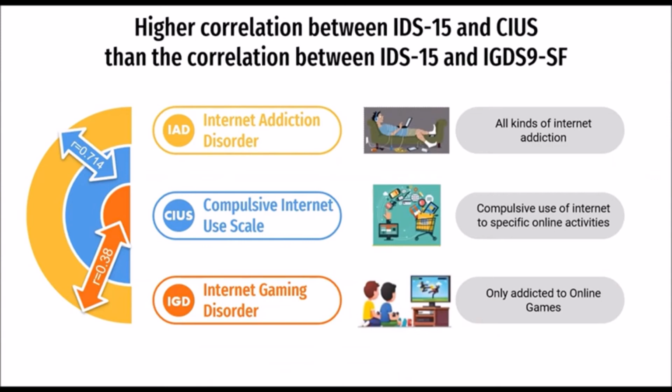The overlapping of the largest and second largest circles shows a high correlation. Internet gaming disorder is a specific kind of compulsive internet use, so it is the orange circle that falls inside the blue circle. The smaller overlapping area between internet addiction and internet gaming disorder shows a smaller correlation.